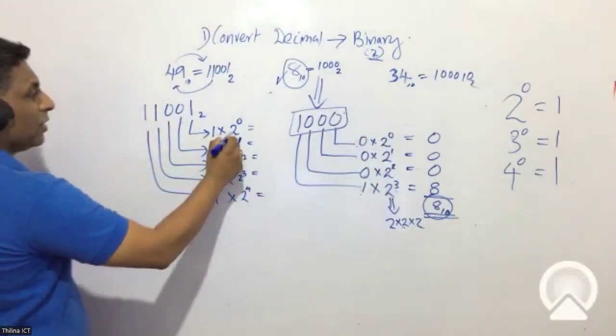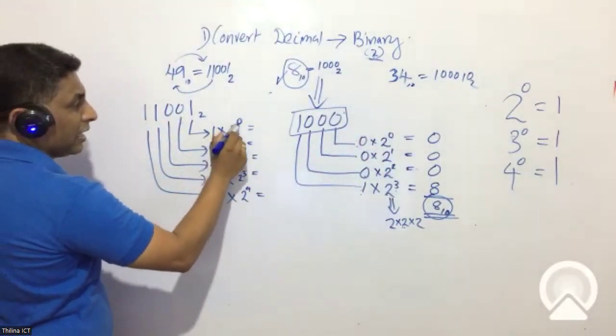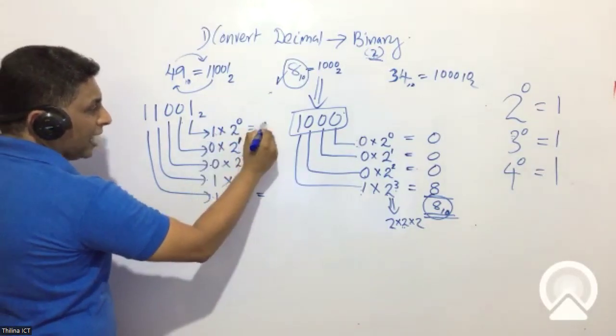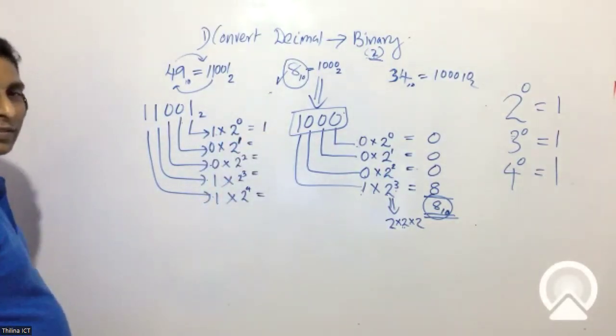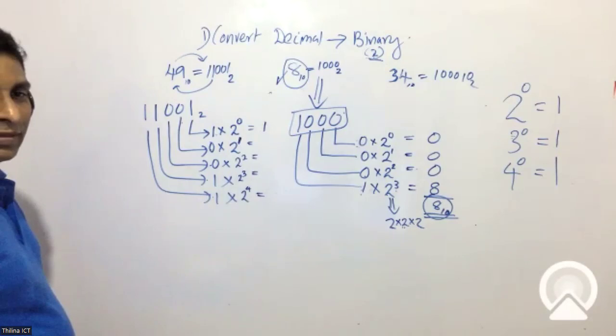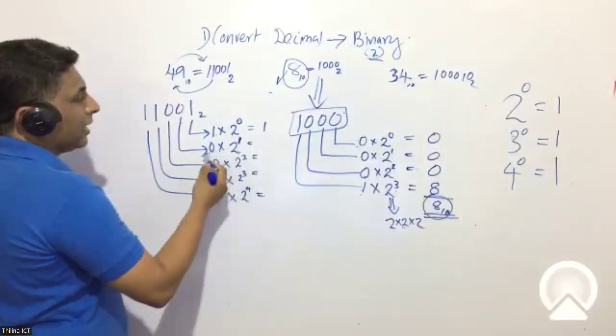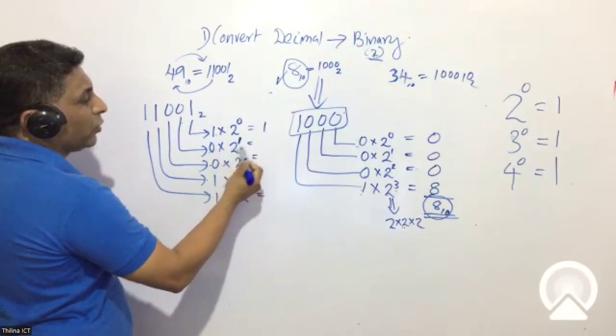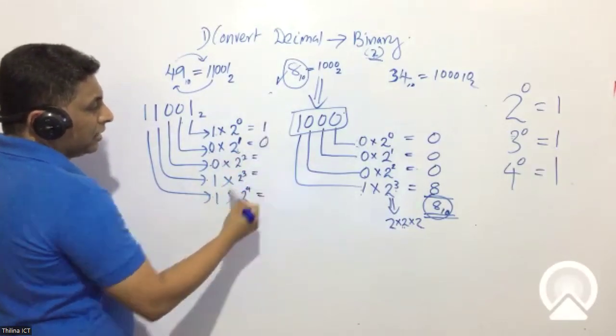So here, 2 to the power 0 is 1. 1 into 1 is 1. Okay, good. Here, 0 into anything is 0.